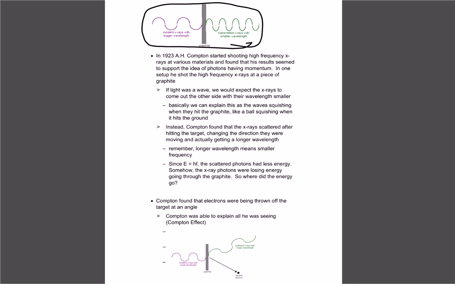So what Compton predicted was that we've got some conservation of momentum going on. We have this X-ray coming in that has momentum. It's going to lose some of it as it goes through the graphite, and the momentum that it loses is going to get transferred to the electrons that get ejected from the metal.